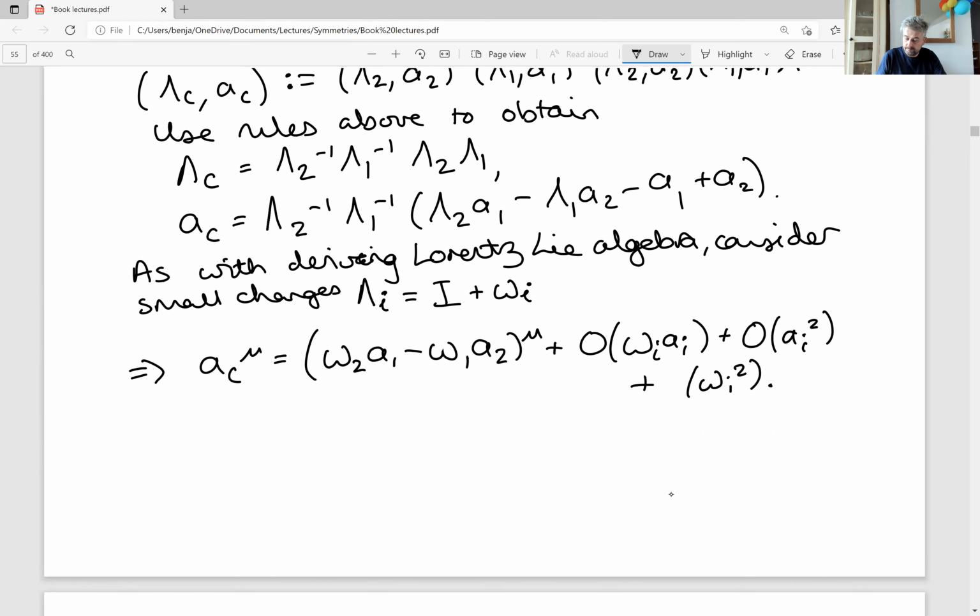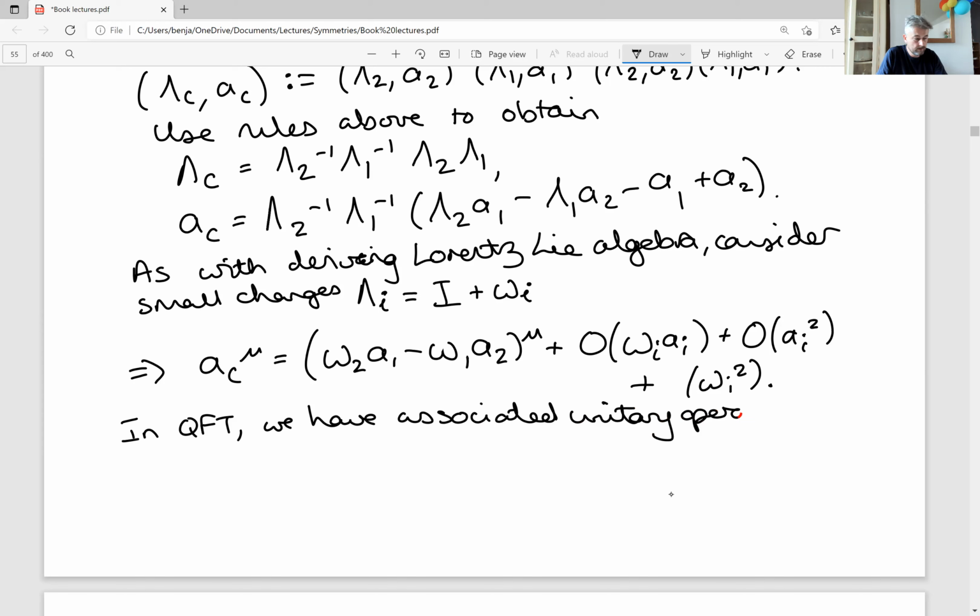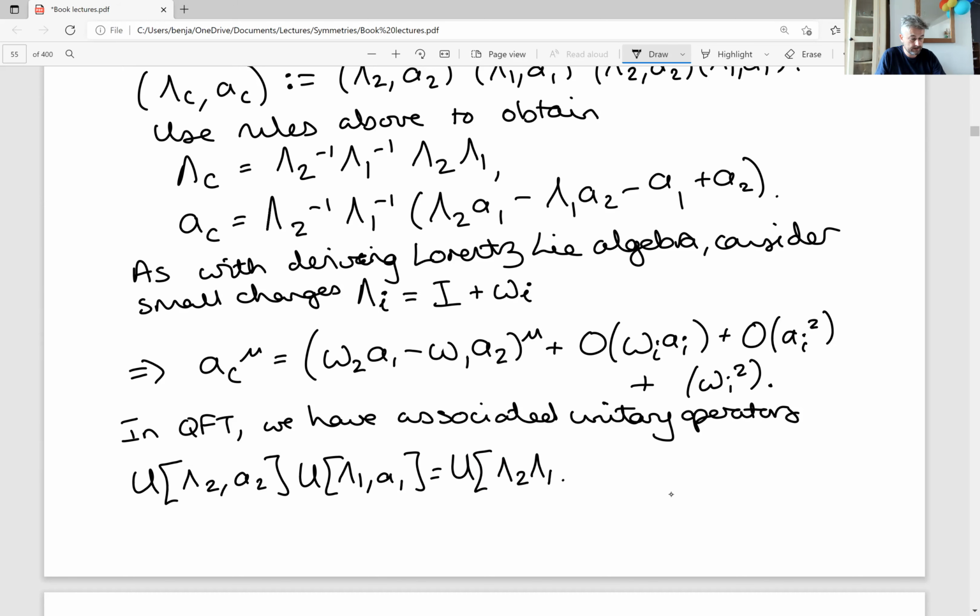Okay, so in a quantum field theory, we have some associated unitary operators. So U of (lambda_2, a_2) times U of (lambda_1, a_1). The group composition on quantum states tells you you should get this.